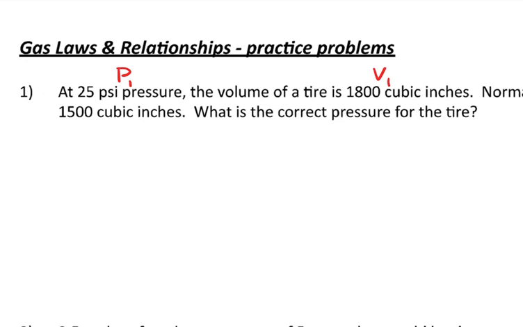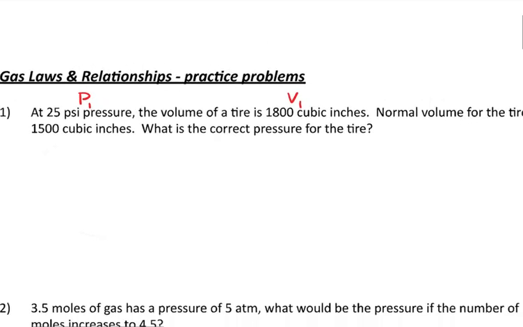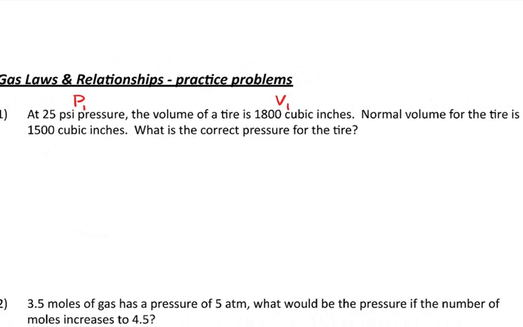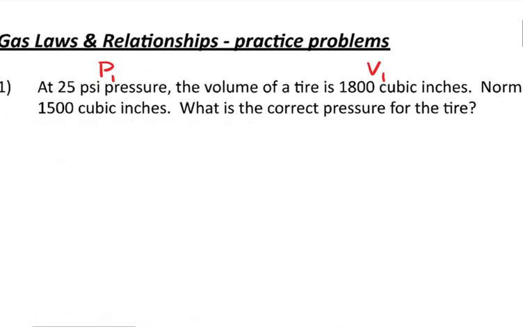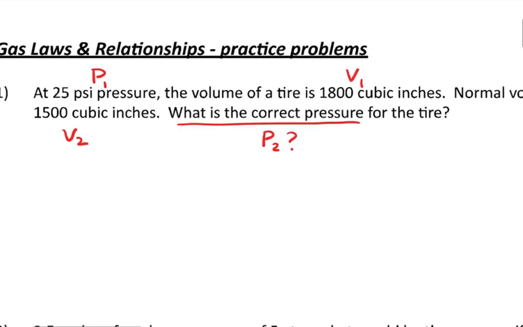That's the volume that goes with that pressure, right? You can just sort of tell in the way that the sentence is structured that that pressure goes with that volume. Now, the second part of it says normal volume for the tire is 1,500 cubic inches. So that's another volume. We're going to call that one V2. And then it asks, what is the correct pressure for the tire? That's what it's asking us. It's asking us for the other pressure. It's asking us for P2.